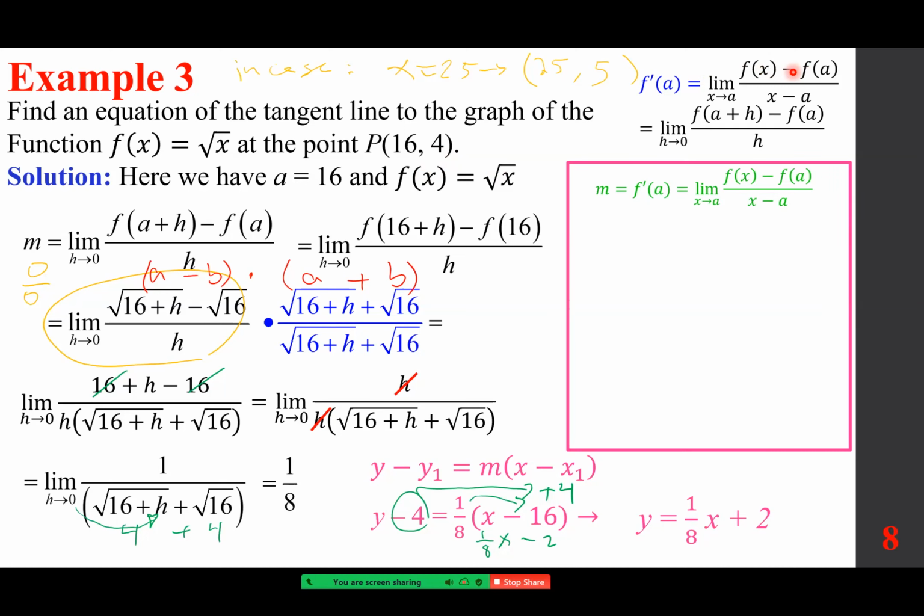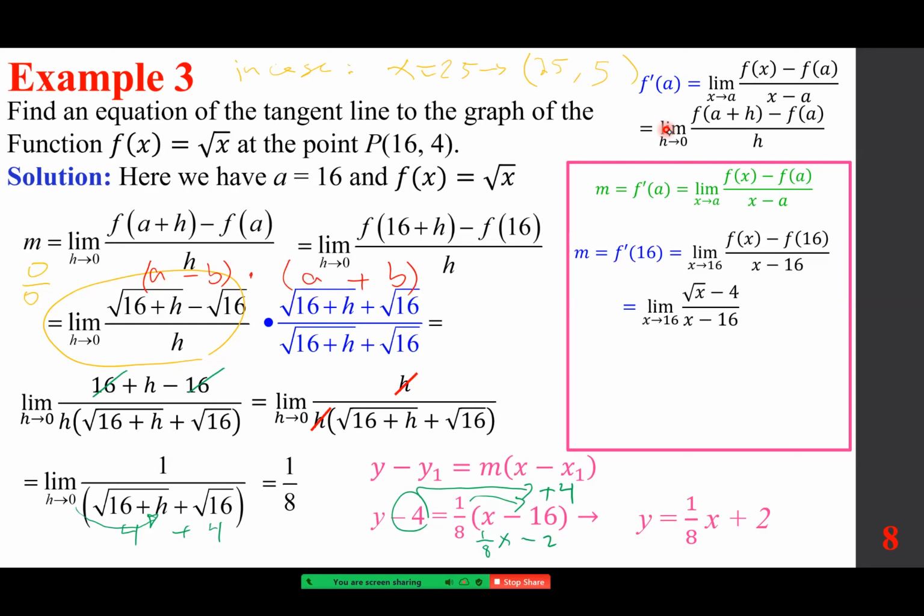So I'm going to replace the f of x with square root of x and f of a with f of 16. So in other words, a is 16. So f of x is square root of x, and we know f of 16 is 4, or just plug it in, it doesn't matter. So this is the top one that we are using.